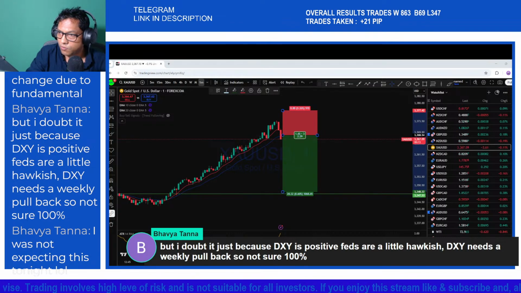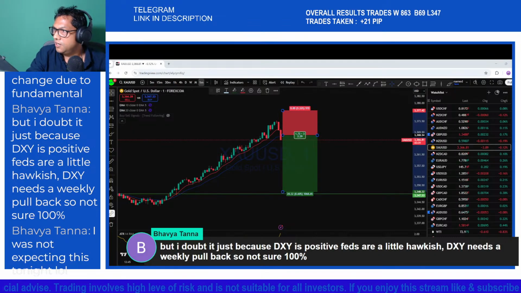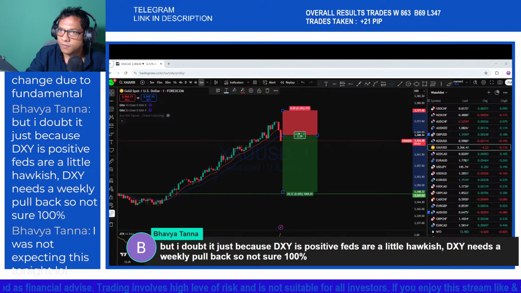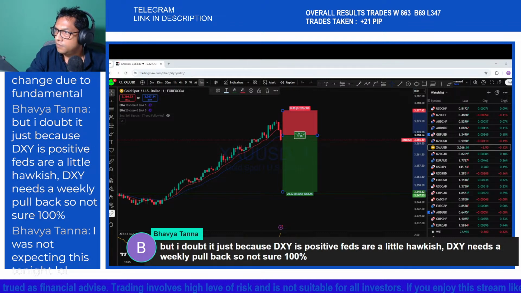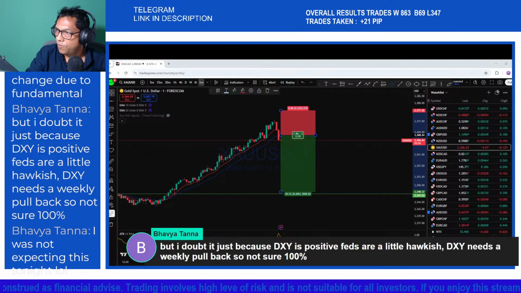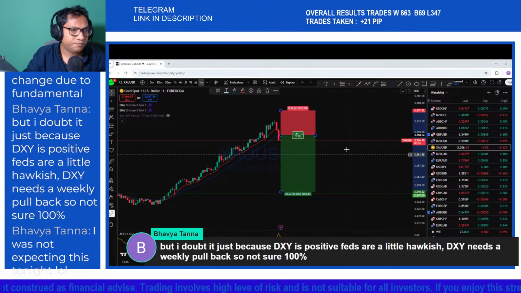So we'll be looking to see that the market is trending and potentially coming to this neckline here. Open sell on XAUUSD.